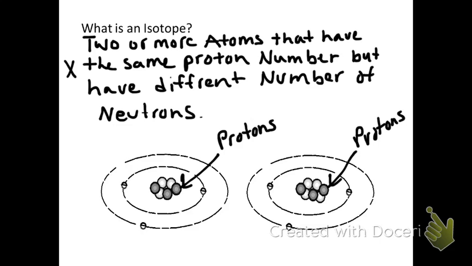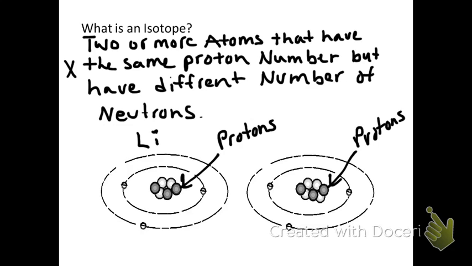So what atom on the periodic table has an atomic number of 3 or is made up of 3 protons? Take a look at your periodic table. Alright, yes, that would be lithium, Li.